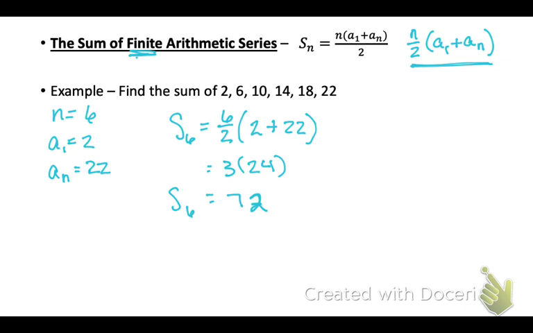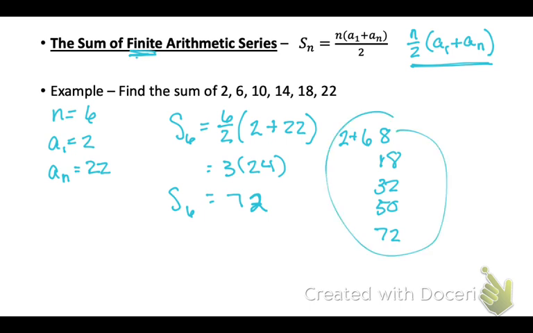Now, could I check my work? 2 plus 6 is 8, plus 10 is 18, plus 14 is 32, plus 18 is 50, plus 22 is 72. That took me longer than using the formula, and there were just 6 numbers.